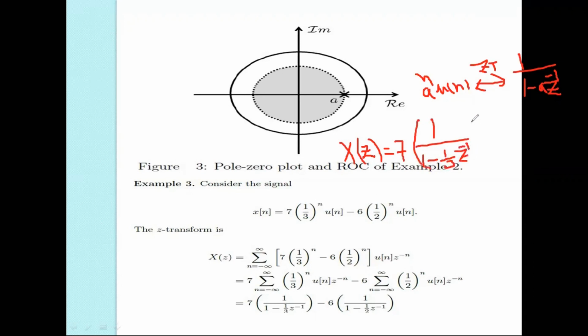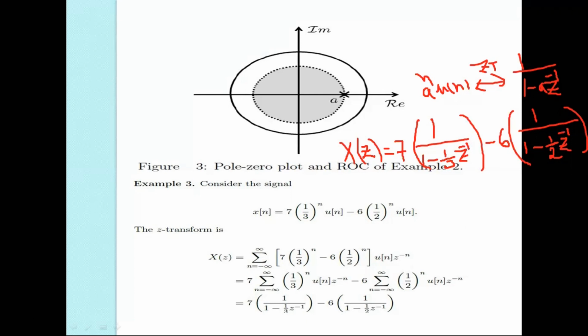Then minus 6, a constant multiplication factor, for a power n u of n. What is the a here? 1 by 2. So 1 minus 1 by 2 z power minus 1.